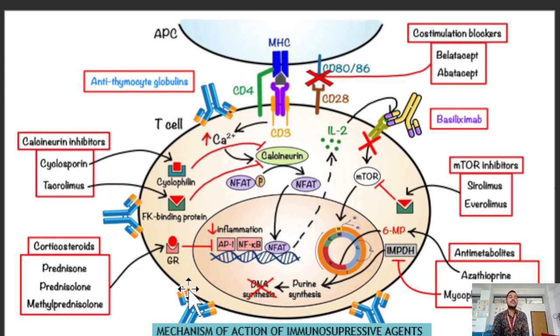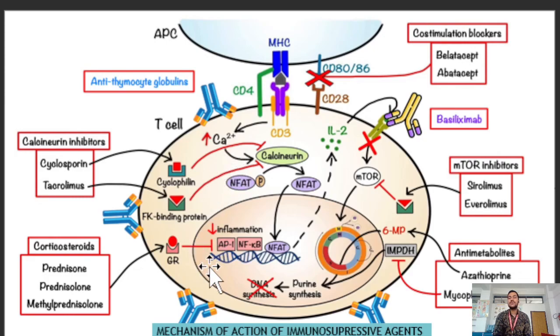When they bind with the glucocorticoid receptor, they will inhibit these two transcription factors, AP1 and NFKB, activated protein 1 and nuclear factor kappa B. These two transcription factors are normally the ones which trigger inflammation.